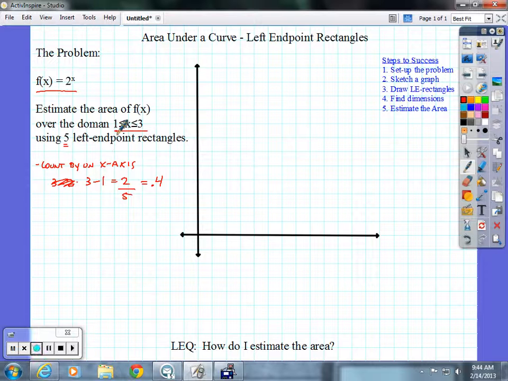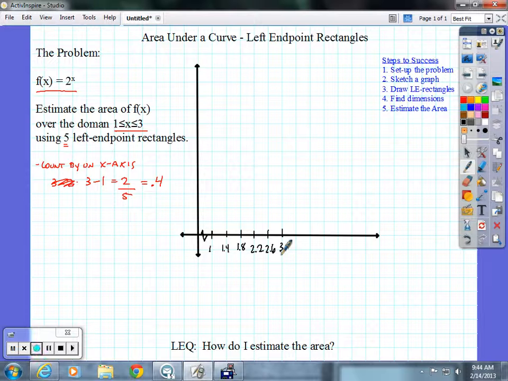Then you come over to your graph, and you can break this graph so that we can start right at 1. So this will be 1, which makes the next one 1.4, then 1.8, 2.2, 2.6, and 3.